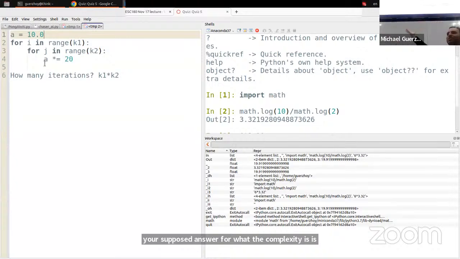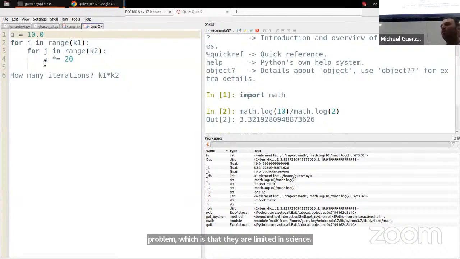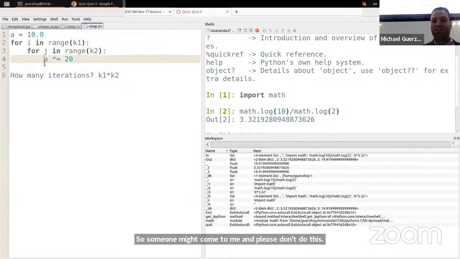Now, with floats, there is a different problem, which is that they're limited in size. Someone might come to me, and please don't do this, and say, well, if you run this for a large enough float, it's just going to crash, which means the complexity is O(1) because it always crashes in a set amount of time. So that's limited.